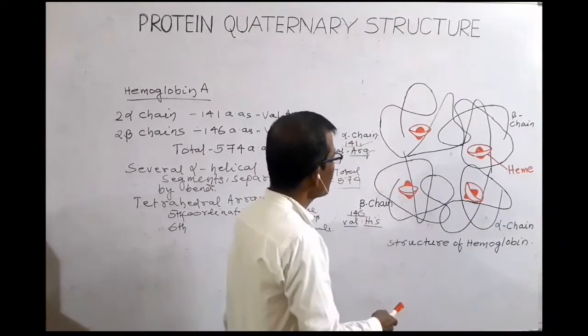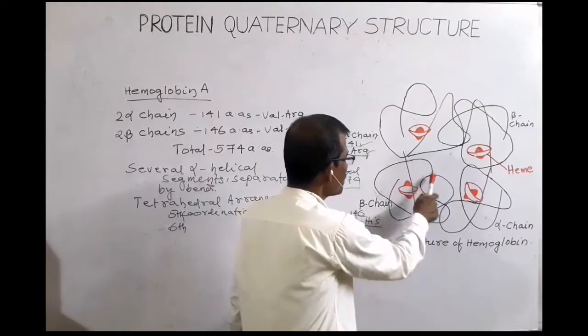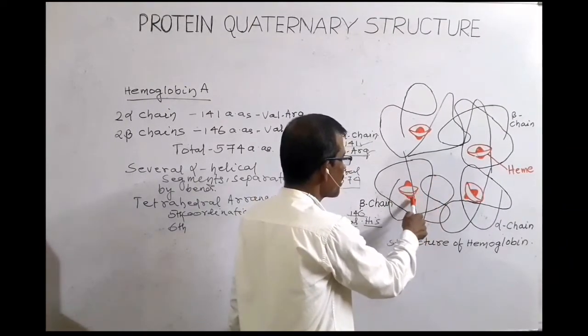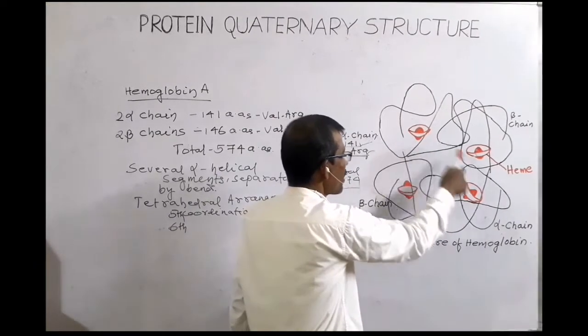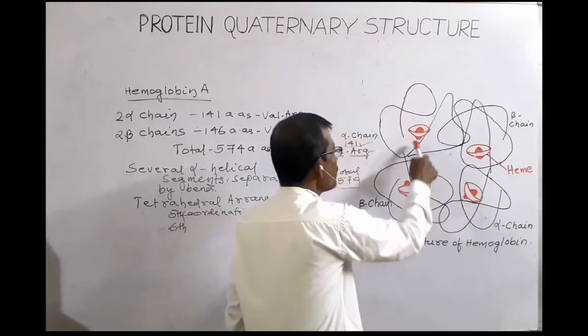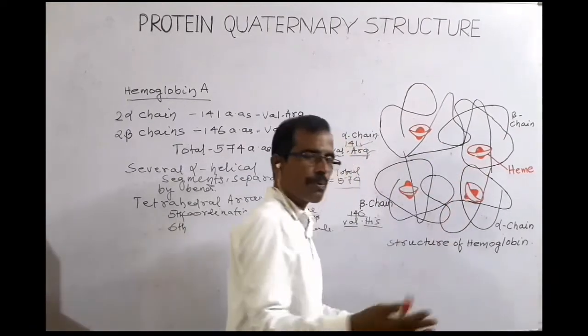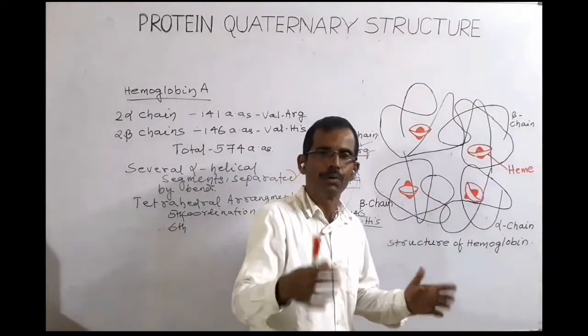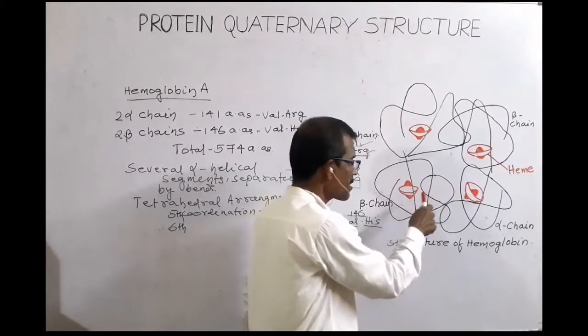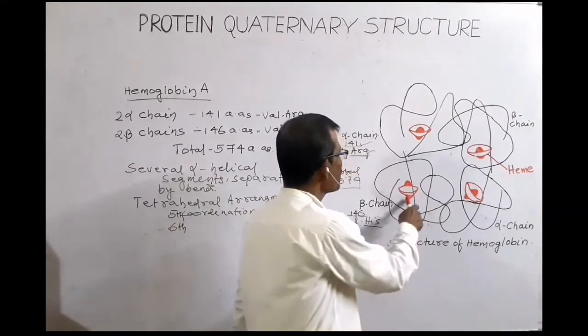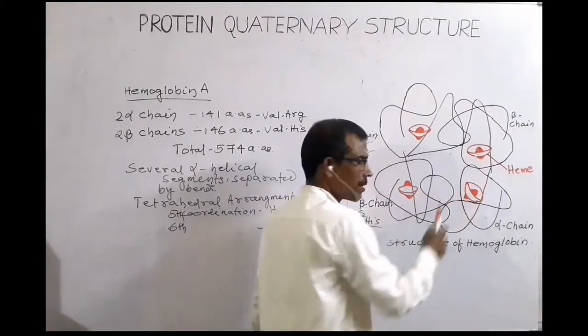In this diagram, you can see that each subunit is associated with a heme. This red color structure is the heme, and heme is an iron containing prosthetic group which can bind with molecular oxygen. The heme rests in a crevice in the individual subunit.